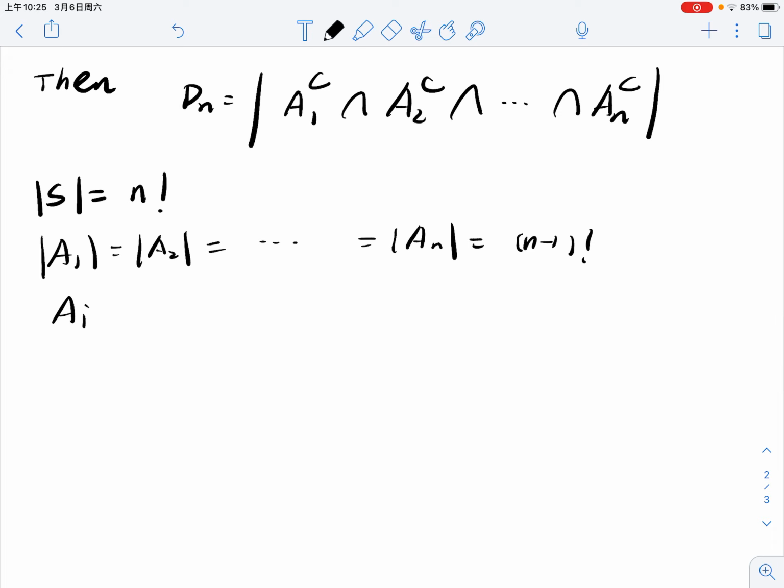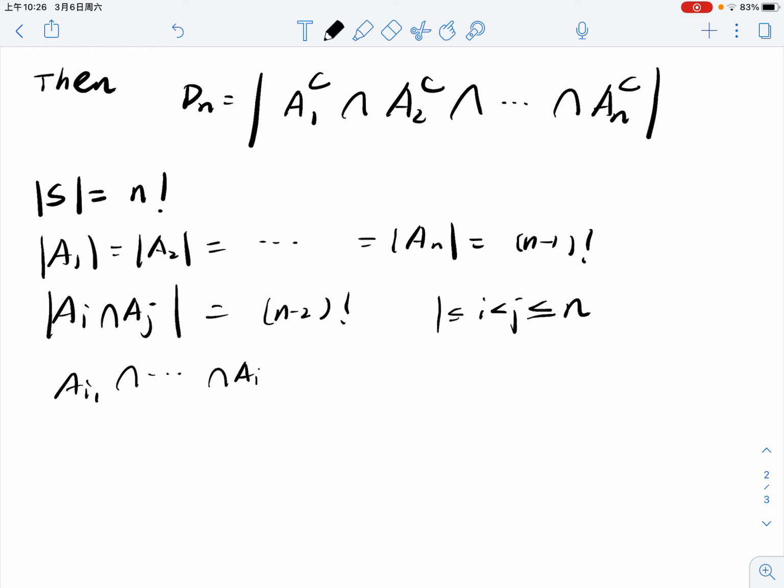Similarly, for two intersections, you should have n minus 2 factorial, for i less than j, 1 less than or equal to i, j less than or equal to n. And for all k elements it is n minus k factorial. Here you assume the indices are different.